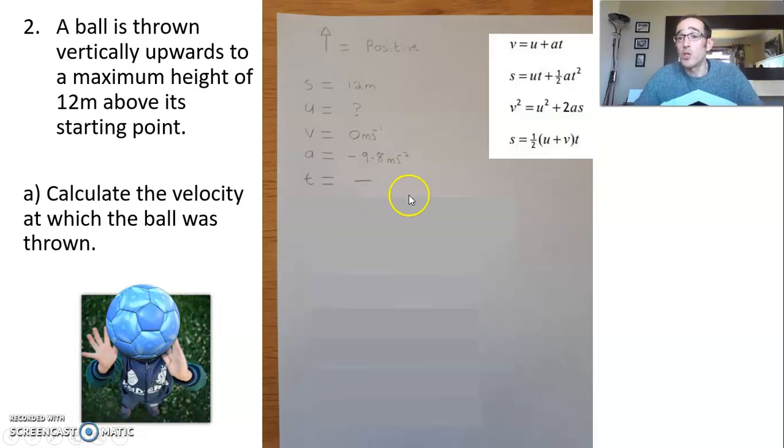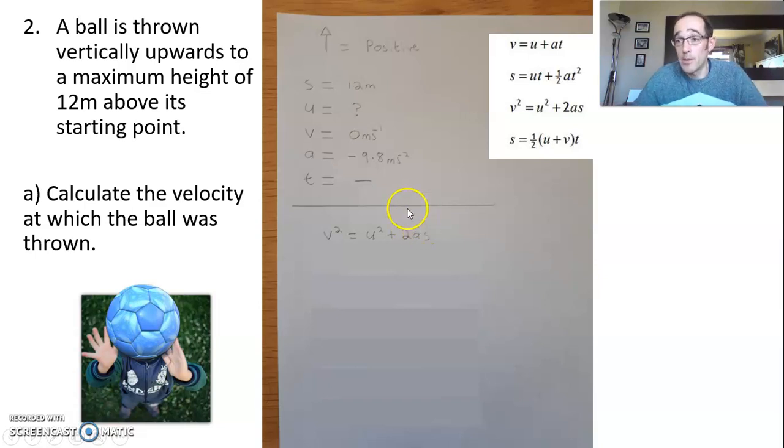Okay, so then to choose our equation of motion, we don't know anything about t, and we're trying to find u. So because we don't know t, that really rules out the first two equations. So that leaves us with this third equation, v squared equals u squared plus 2as.